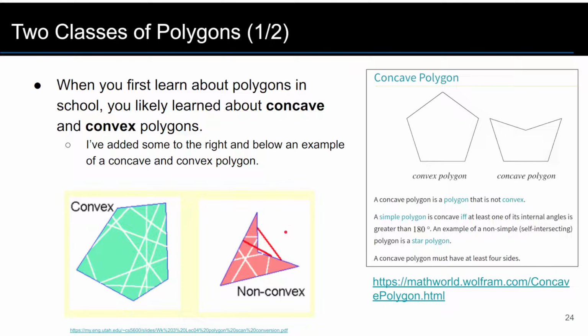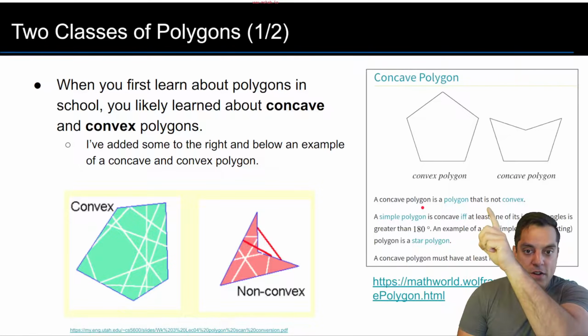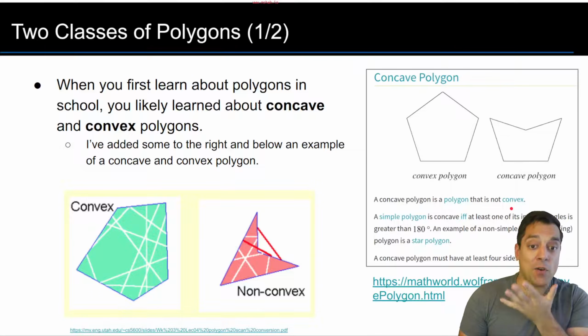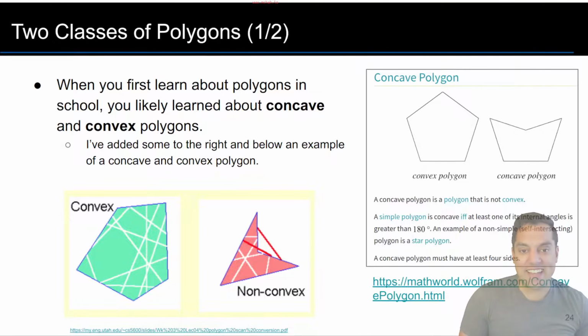So again, this is probably taking you back to your geometry days. The definition of a concave polygon, if I take your attention right over here, is that a concave polygon is a polygon that's not convex. Okay, that sort of makes sense. So what's a convex polygon? Let's see what that is here. Just below the definition, a simple polygon is concave if and only if at least one of its internal angles is greater than 180 degrees.